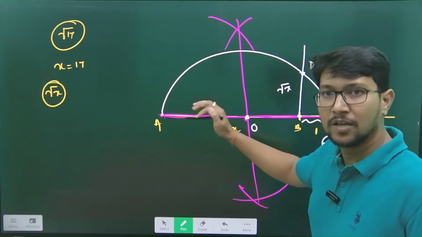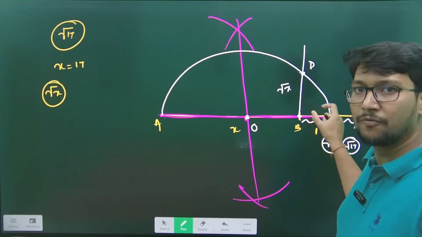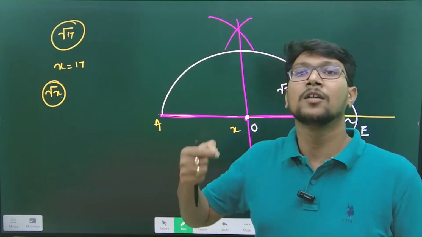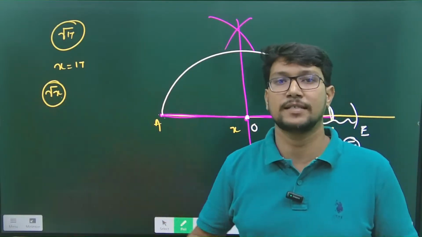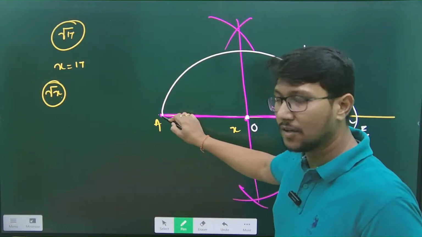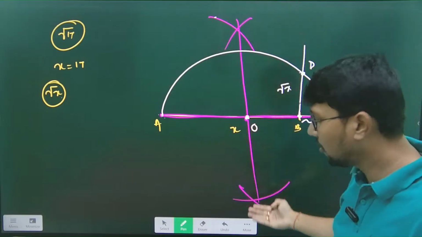From A, you will take an arc which is more than half of the length of AC. After taking that, from A, you have to take an arc above the AC line and below the AC line.